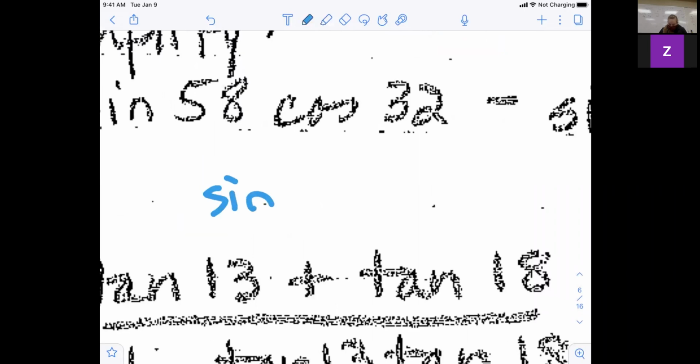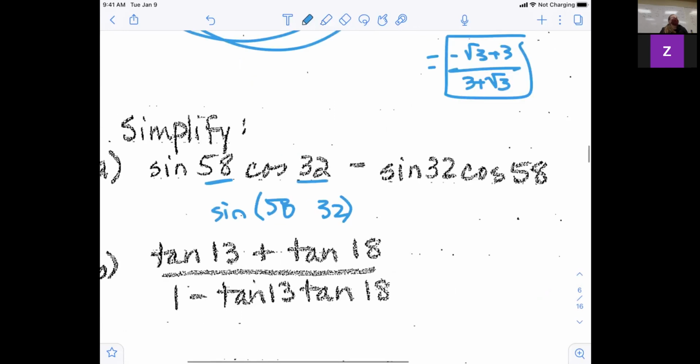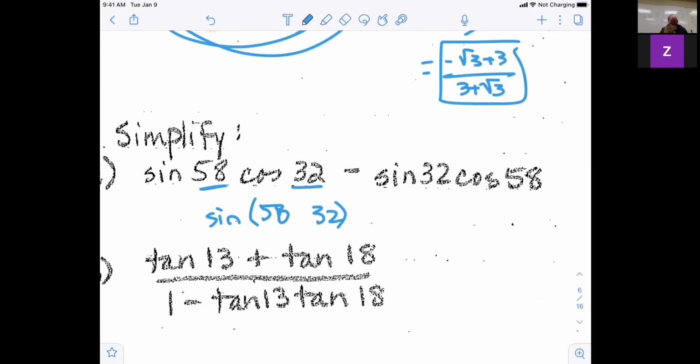I gave you 2 of the angles, 58 and 32. Am I going to add or subtract those angles? Add. Why? I'm going to disagree. I almost believed you for a second.